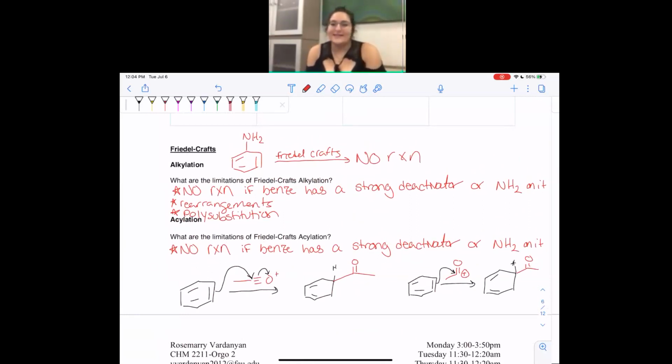Yeah, exactly. So if there's a strong deactivator on the ring, it's not going to happen. NH2 is a really, really strong activator. The reason that doesn't work is because it's very, very basic. So don't get confused. NH2 is not a strong deactivator, but it's still not going to work in Friedel-Crafts.